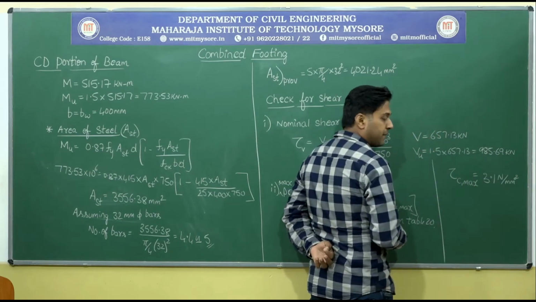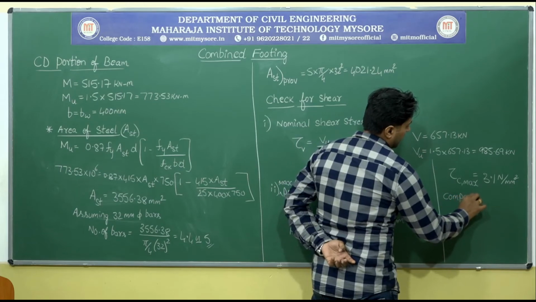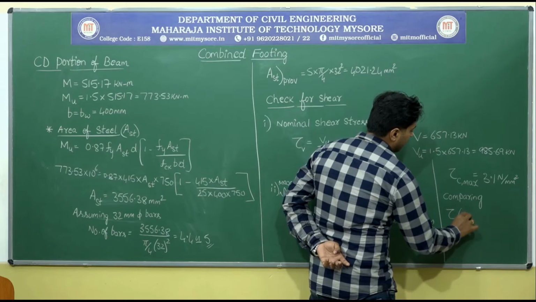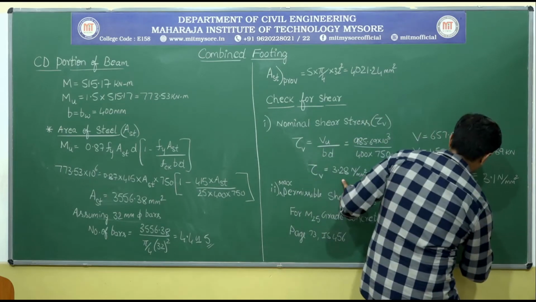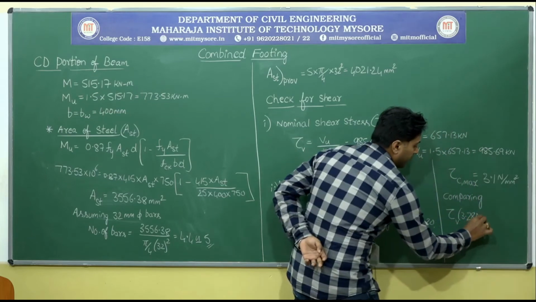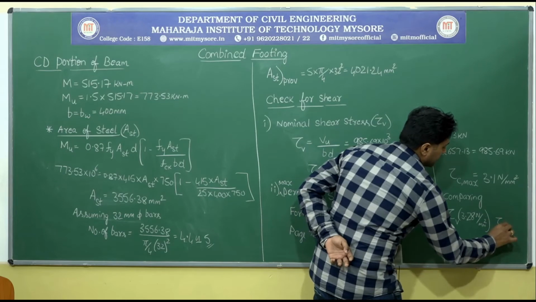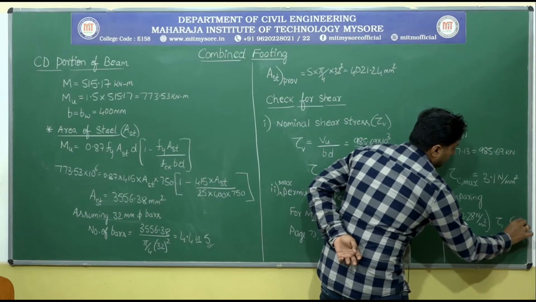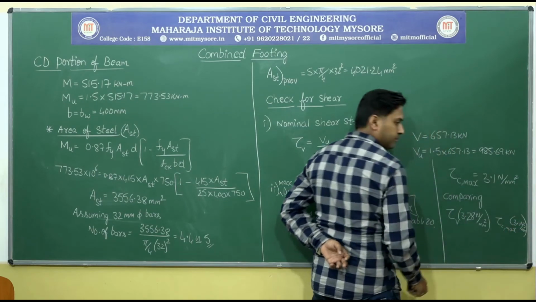So now let us compare. The value of tau V that we got is 3.28 Newton per mm square. The value of tau C max that we got here is 3.1 Newton per mm square.